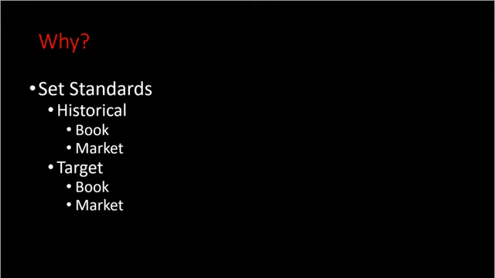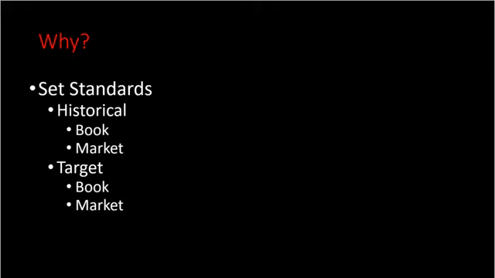When we talk about standards, you can have your historical or target standards. When we say historical standards, these are standards that are set coming from the performance in the previous years. So that's why it's called historical. When we say target standards, these are standards based on what we'd like to happen in the future.